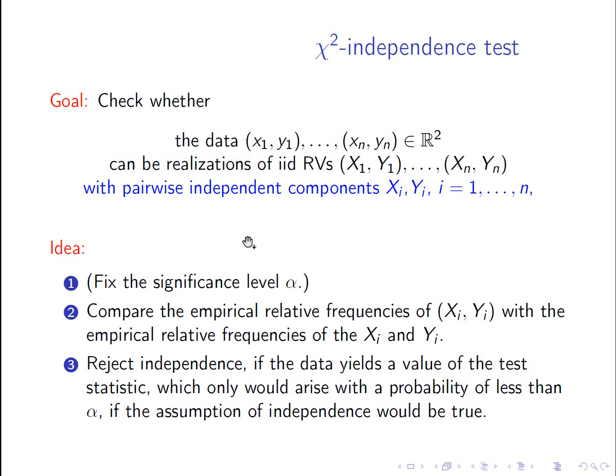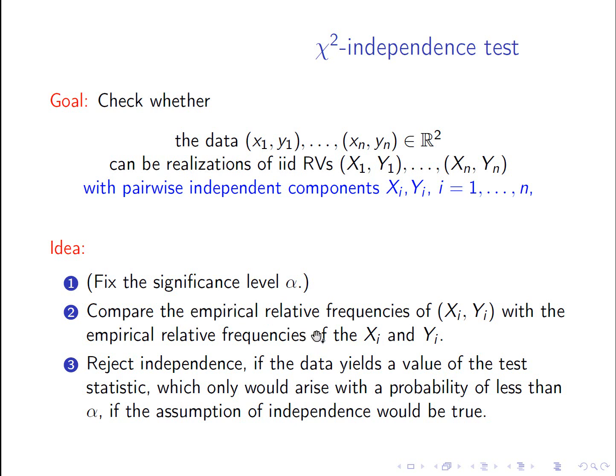The idea of the chi-square independence test is to look at the empirical frequencies. So we look at the joint empirical frequencies of x and y, and compare them with the empirical relative frequencies of the x and the y, the marginal frequencies. If we have independence, the product of the marginal frequencies should be the joint frequency.